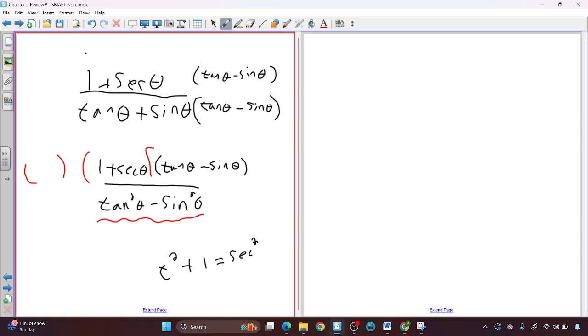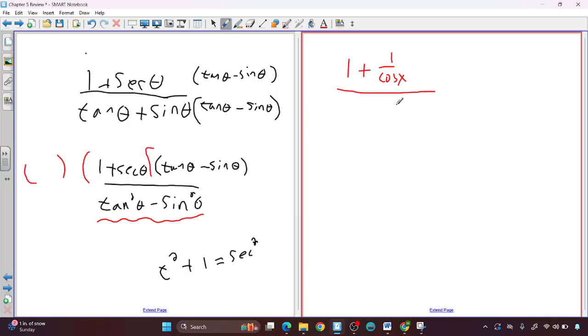So because I'm failing right now, I'm going to try to change this to sines and cosines and see if that helps. So this is take 2.